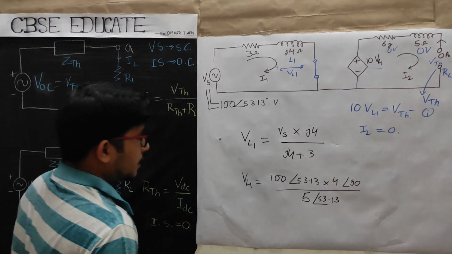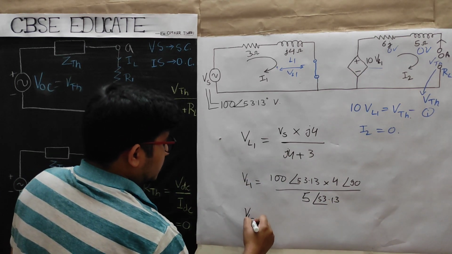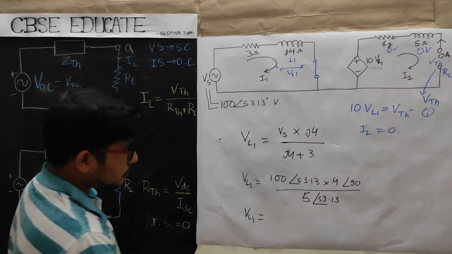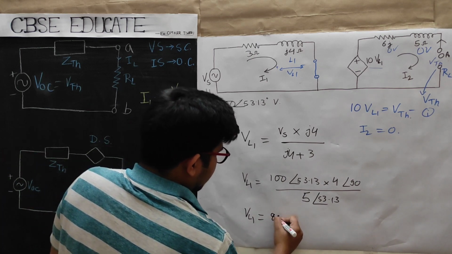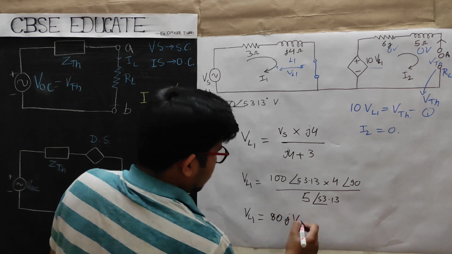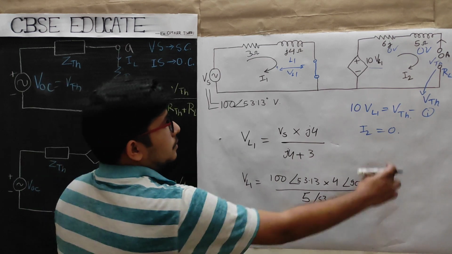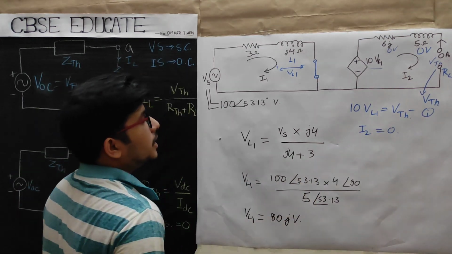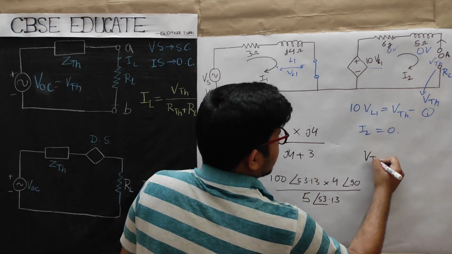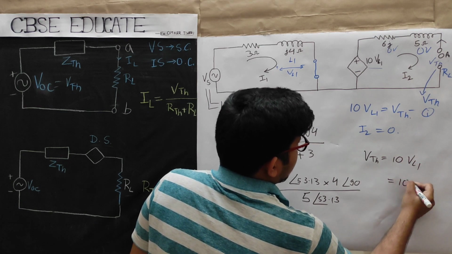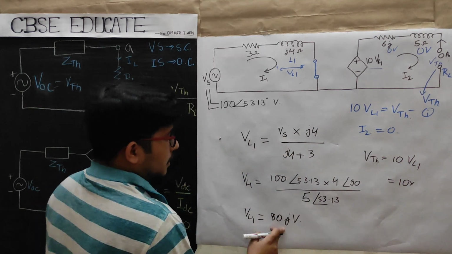After solving this, you will get VL1 equal to 80J volt. What we have to find is VTH, and VTH is equal to 10 times VL1. So 10 into VL1 is 80J.